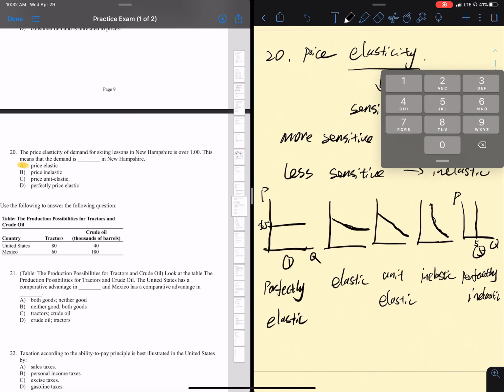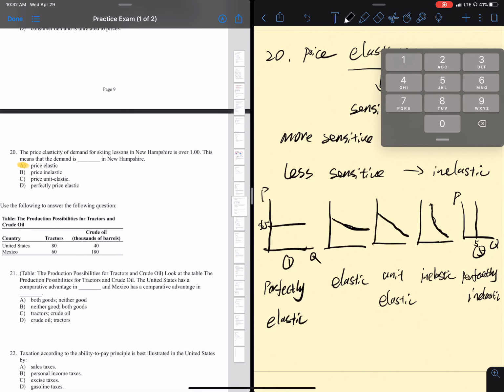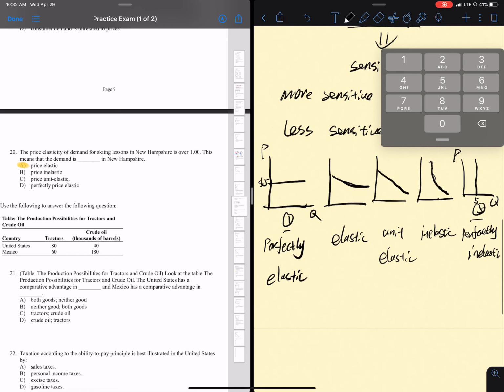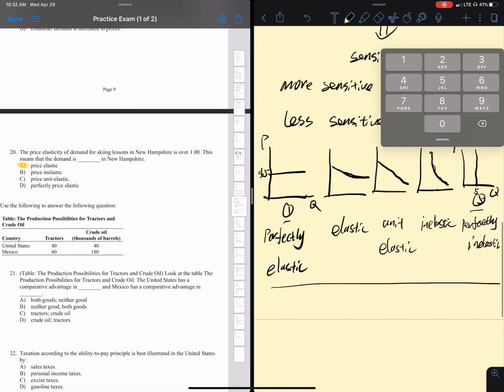So I recommend you put these five graphs all together. Then you know the two extreme cases, number 5 and number 1, and you can draw the others similarly. Another way to determine whether it's elastic or inelastic is the elasticity calculation.